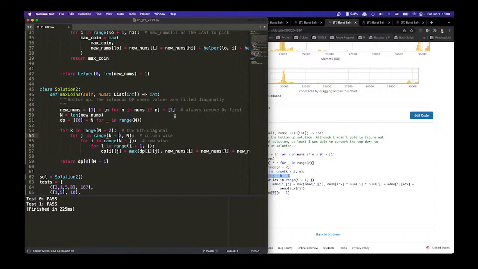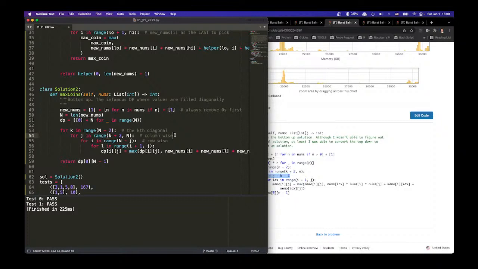Oh yes, for every J, we shall be able to get an I. When K is equal to 0, J needs to be 2, and I needs to be 0. When K is 0 and J is 3, I needs to be 1. If J is 4, I needs to be 2. So there is a relationship between these two.